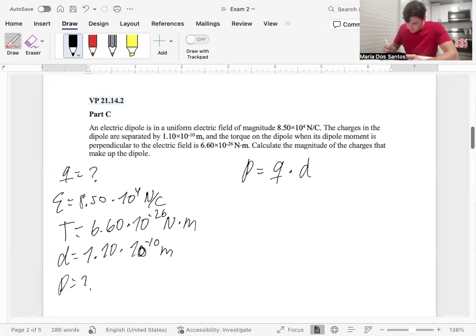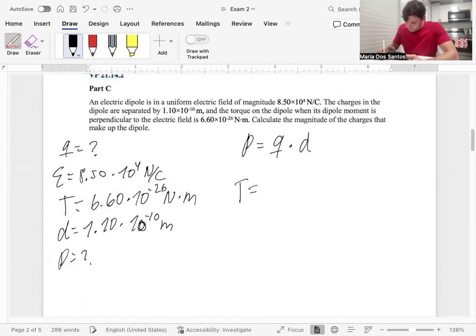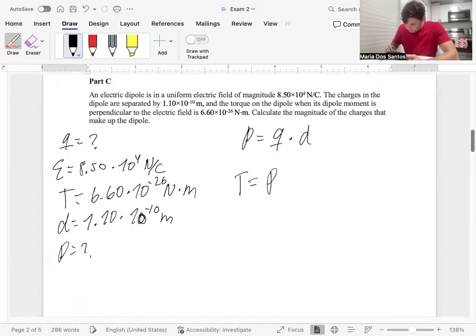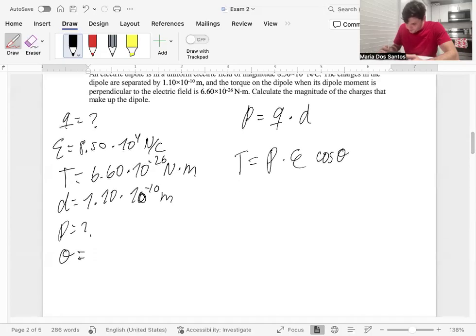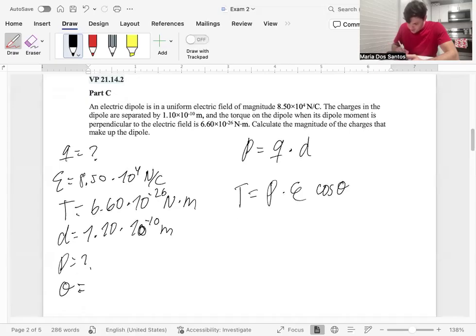Okay, we're also given the torque. We know the torque formula, we used it before. We're also given the angle perpendicular to the electric field. Perpendicular will be an angle of 90 degrees.